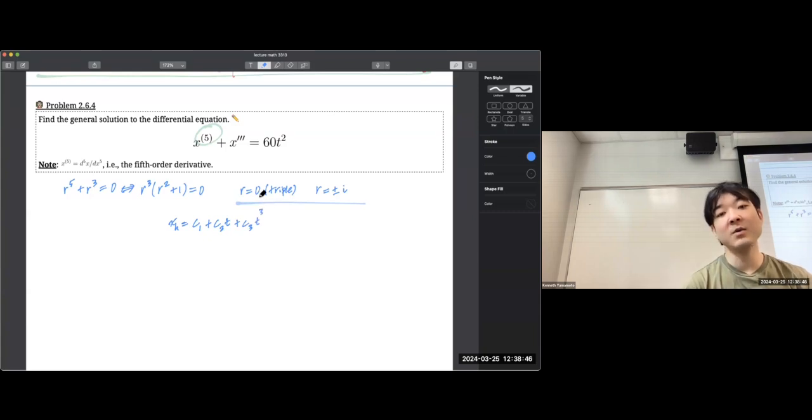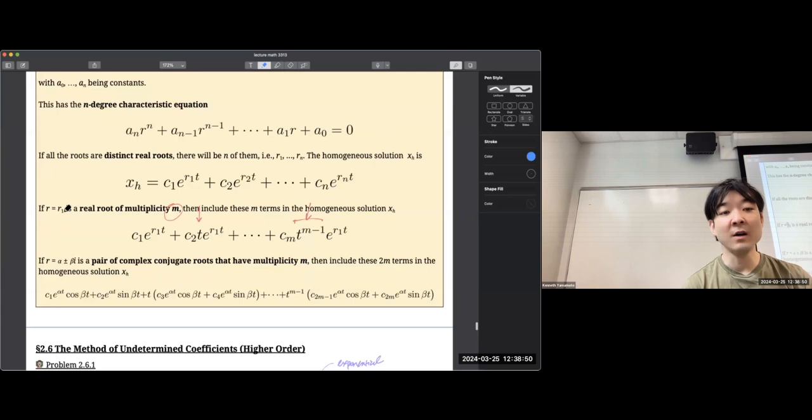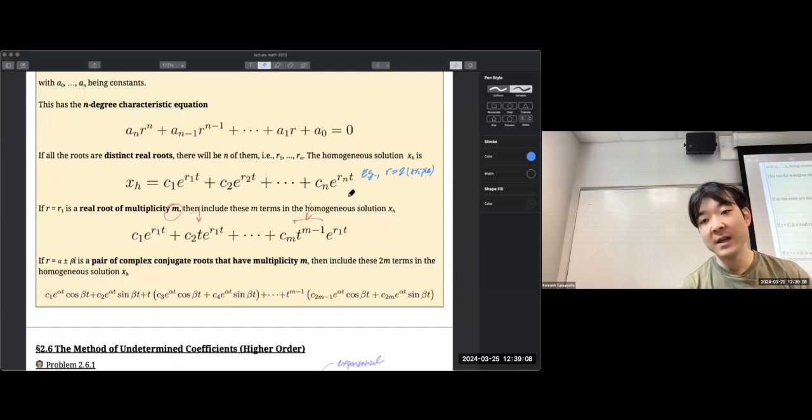This is part of the summary we saw up here. It's saying that if you have a root of multiplicity m, then you just keep successively adding. For instance, let's write on the slide here. If r is equal to 2, let's say, is a triple root, then you would have C1 e to the 2t.